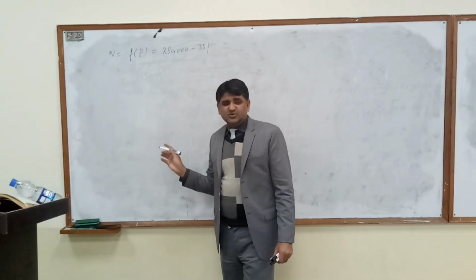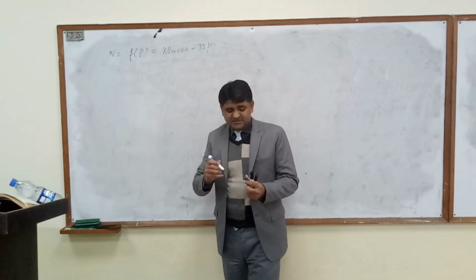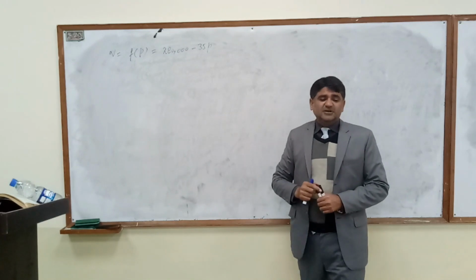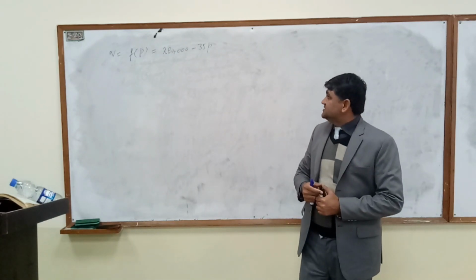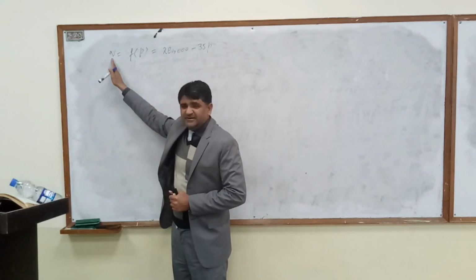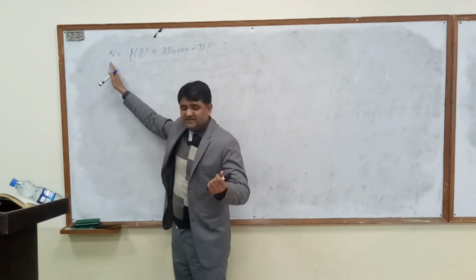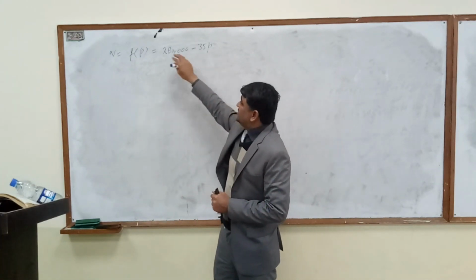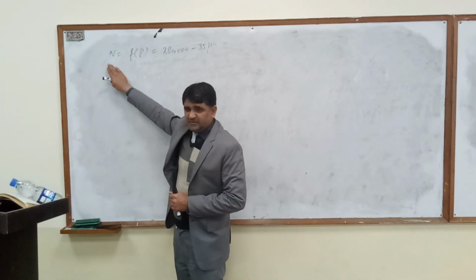So look at the question. What is the slope? Either slope is positive or negative. Slope is negative. Obviously, there is inverse relationship. If price is increased, quantity demand will be decreased, and they are having inverse relationship. If price is minimum, then quantity demand will be maximum.